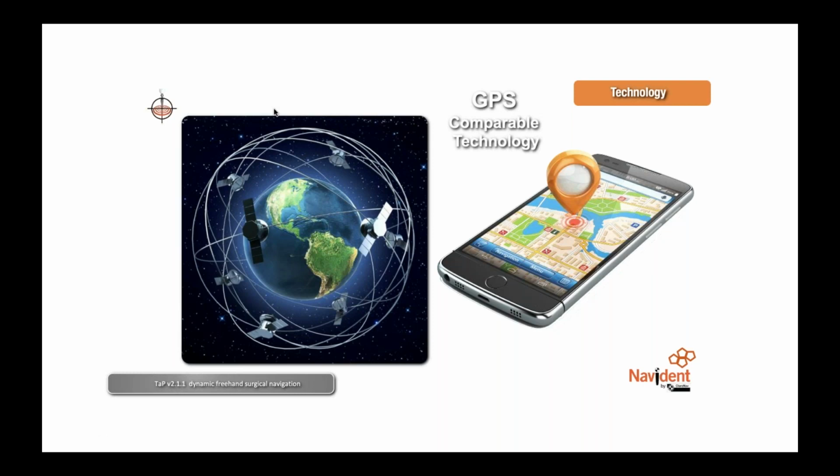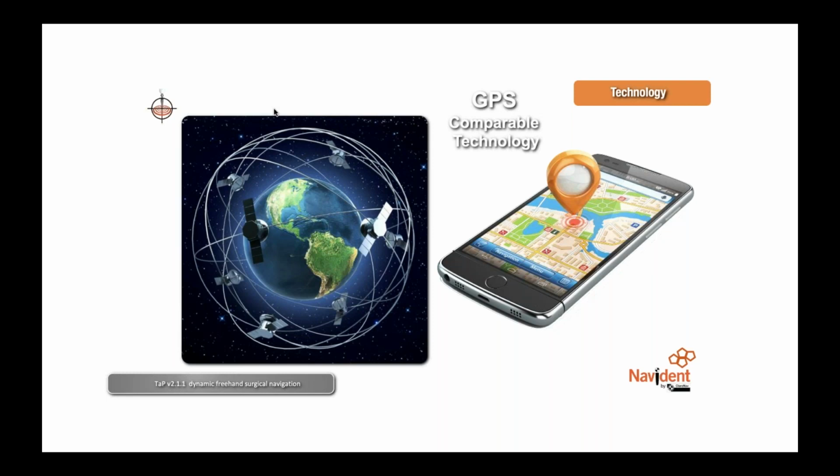It's comparable to GPS technology. As we are all aware, thanks to satellites, we can look at our smartphone maps and understand where we are and what is the best way to reach what we want to reach.